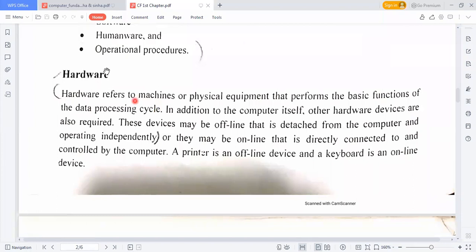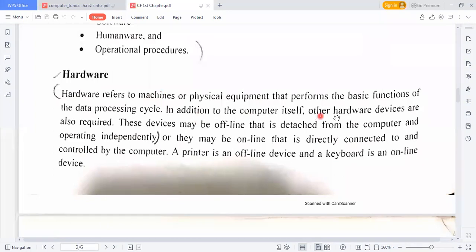So only a body without life is called hardware. That means any machine without a program, without software, all parts of physical equipment which can be touched, is called hardware.